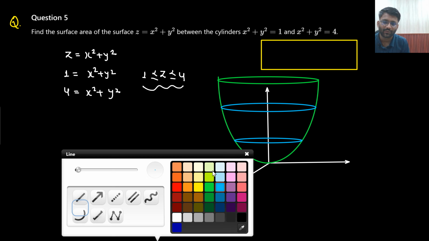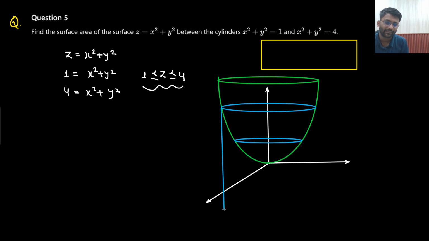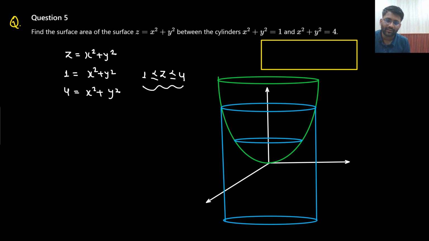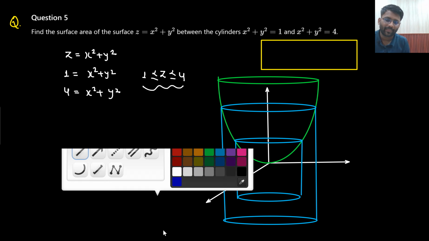So cylinder of radius 4 will be looking somewhat like this. X square plus y square equals to 4. And cylinder of radius 1 will be looking like this. So this is the cylinder of radius 1.